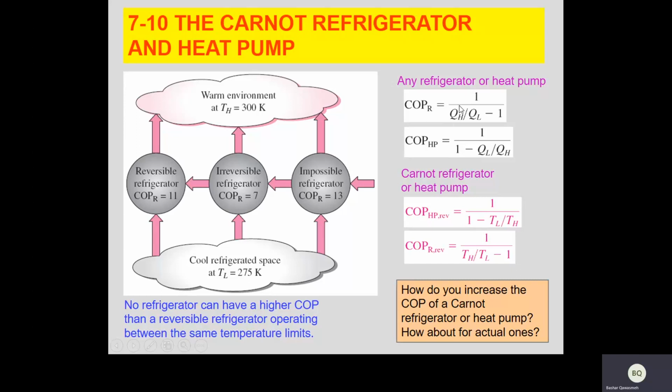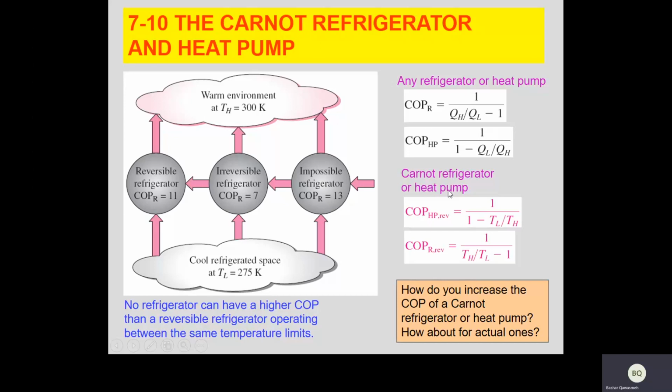So again, the Kelvin proportionality applies here. The COP for the refrigerator, as you know from the previous lecture, equals 1 divided by the heat ratio between the high temperature and the low temperature. And for the heat pump, it's according to this relation.